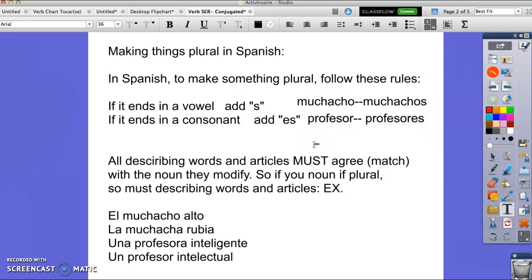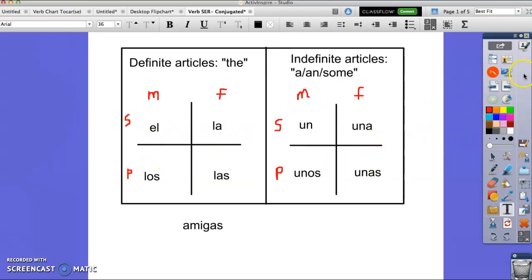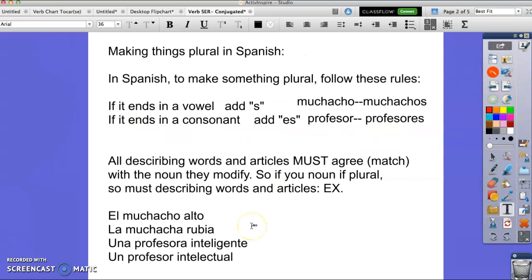So remember, all describing words and articles, the things that we just went over here, these are articles, and describing words are things like funny, gracioso, cómico, serious, serio, tall, alto, short, bajo. All of those words must also become plural. This is something we don't do in English.